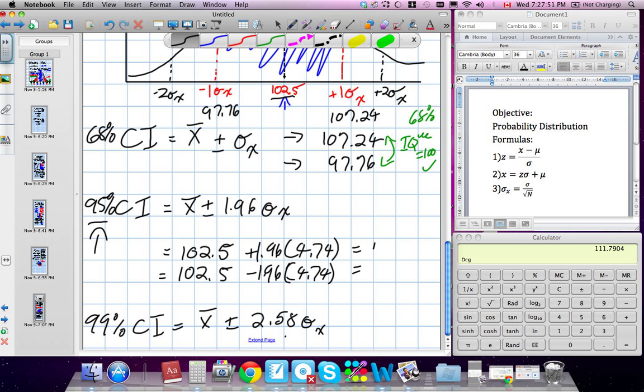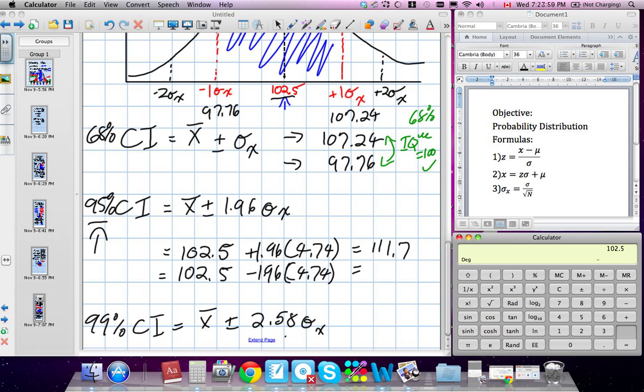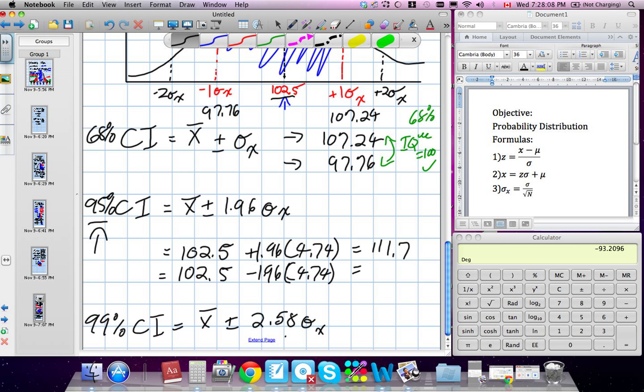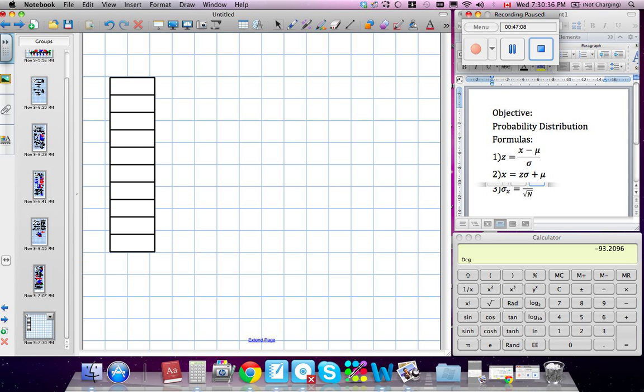Same idea, we would plug the numbers in: 102.5 plus 1.96 times 4.74. Oh, 11.7.